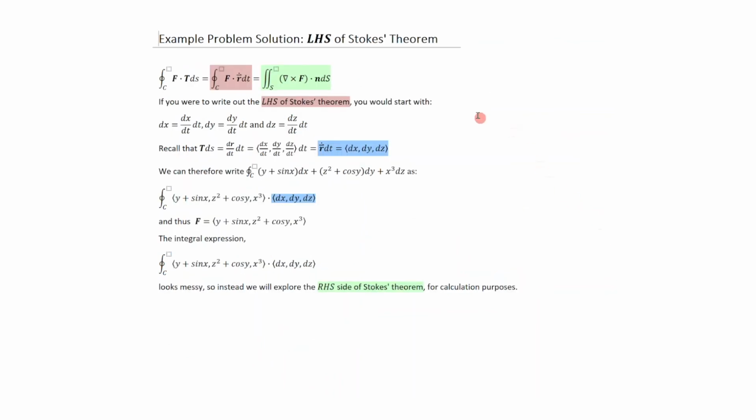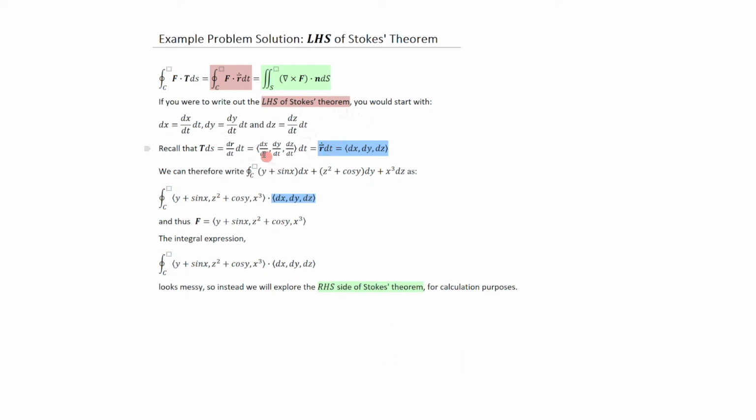All right, so let's do the calculation. If we write out the left-hand side of Stokes theorem, you'd start with dx equals dx/dt dt, dy equals dy/dt dt, and dz equals dz/dt dt. Recall from a previous lecture that T ds is just dr/dt dt. This is the position vector, written out in full as (dx/dt, dy/dt, dz/dt), which we call r dot dt.